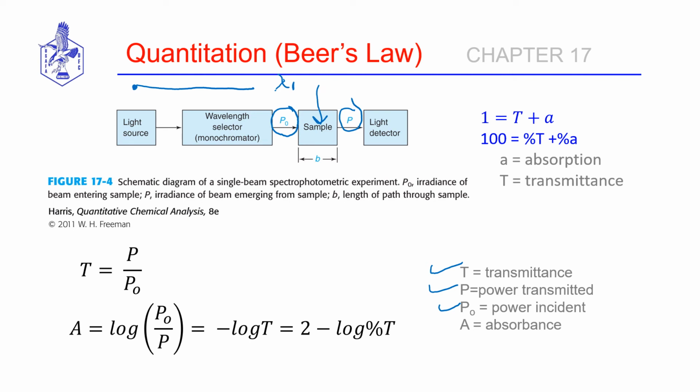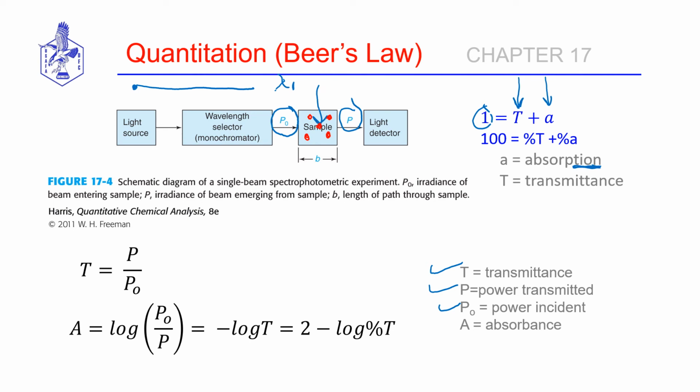So remember that the transmittance plus the absorption has to add to 1. Either the light was absorbed by the species in my sample, the molecules or polyatomic ions, or it was transmitted.